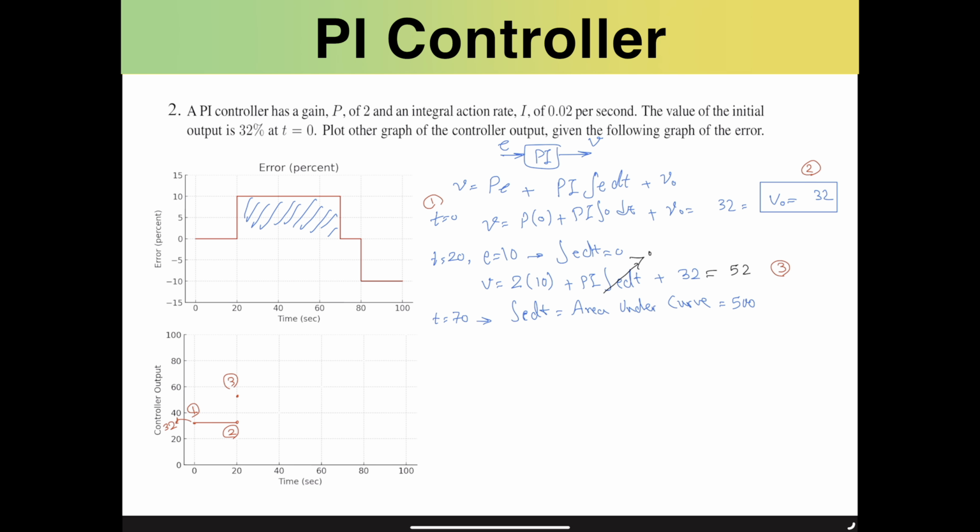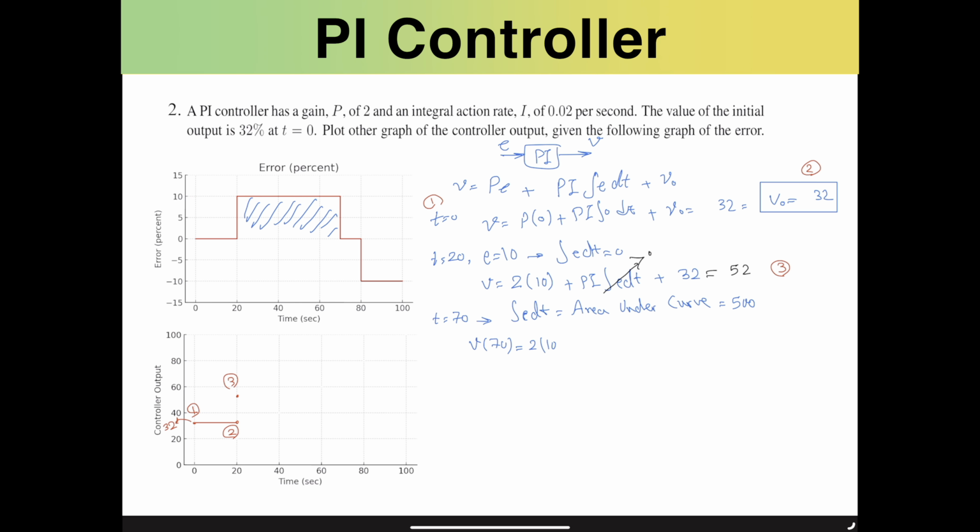So if we consider the output at t equals 70, P is going to be 2 times error. The error at the location of 70 is going to be 10, because that is clear from this error diagram.